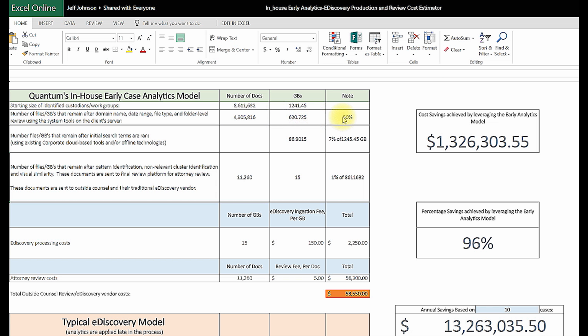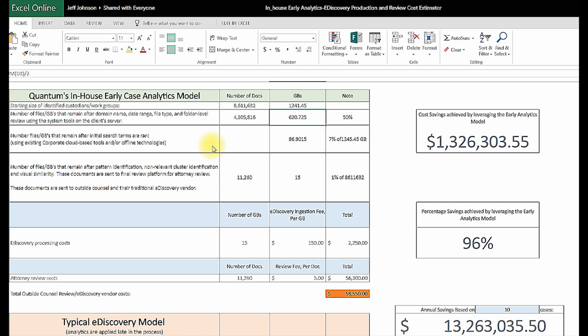That got the documents down to about 50%. I would say that a lot of companies do this already and can achieve about a 50% reduction in the data just by using these basic metadata type and folder review type activities. So once we did that, the data is down about half to 620 gigabytes.